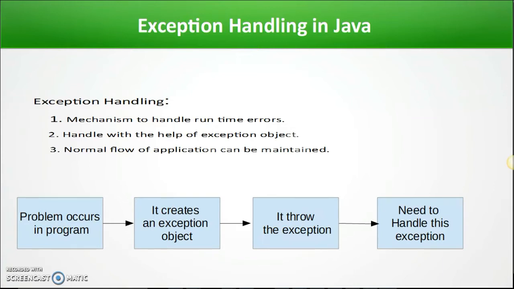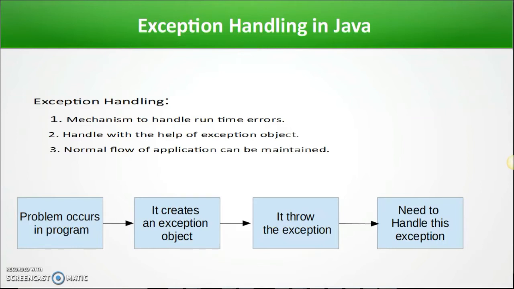As discussed, an exception is basically an object of a particular class, so we handle it with the help of that exception object, so that the normal flow of the application can be maintained.